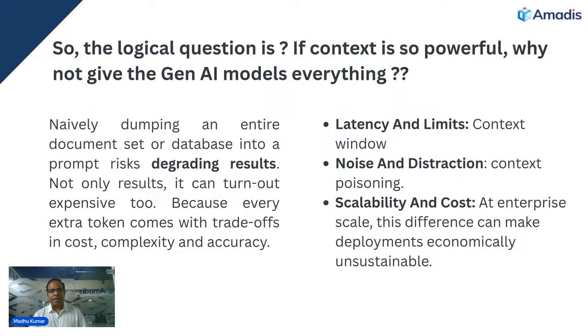That will reduce in a way that it can become a latency issue. It could be limits on the context window, but the later models like Claude and all are giving an enormous amount of window length, so you should be fine there. But more and more, I personally think you should be worried about the noise, a little bit of distraction, because you may start giving more data sets thinking that it will help, but it may be poisoning the context.